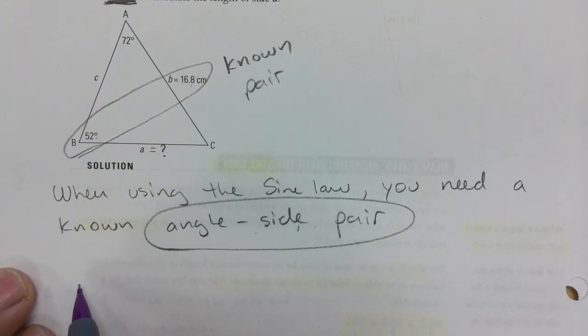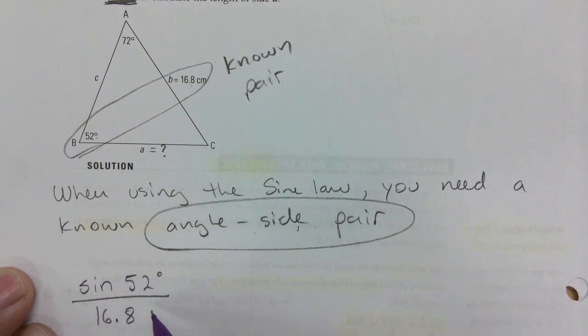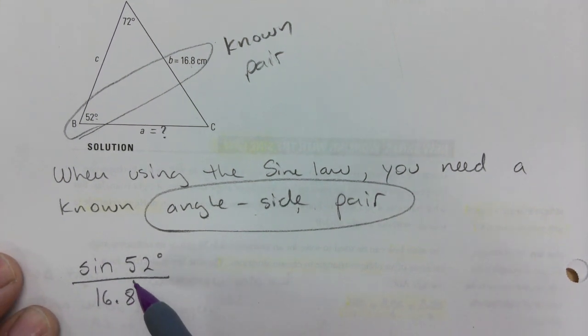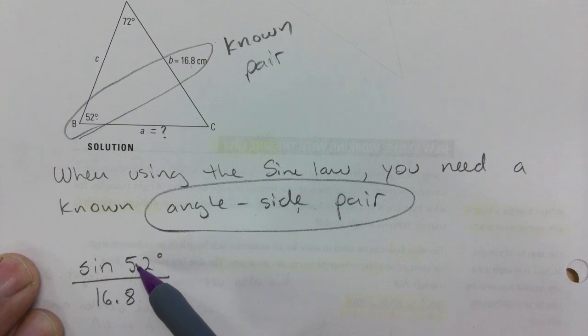So watch this. The equation would say that sine of 52 degrees would have to be over 16.8 centimeters. Okay, you always put them as a pair, okay? Does it matter if 16.8 goes on top and the sine of 52 below? No, but it does matter that these two are on top of each other, okay?